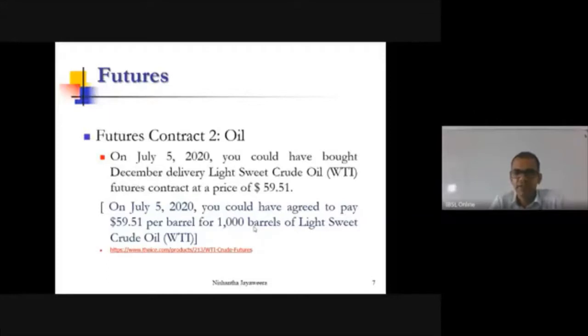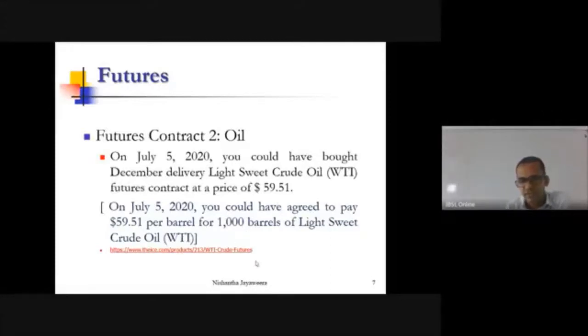You agree to buy 1,000 barrels of oil in December. They might have specified a delivery period, and within that period you can get it. But you agree to pay $59.51 per barrel. You don't pay it today, you pay it on the expiry date.